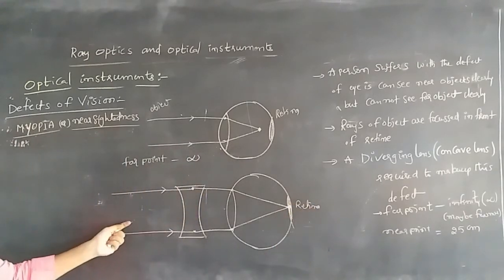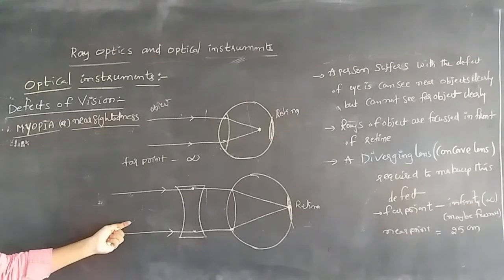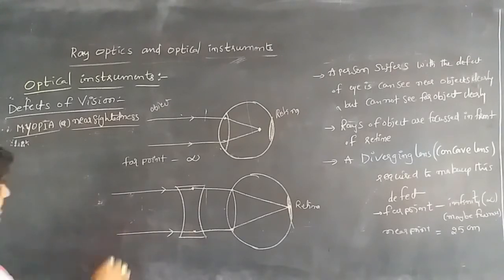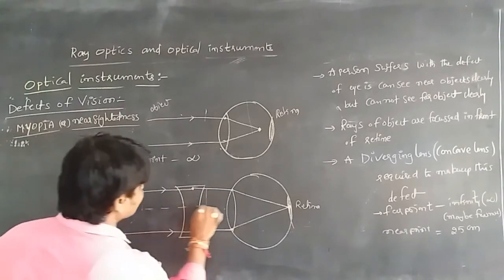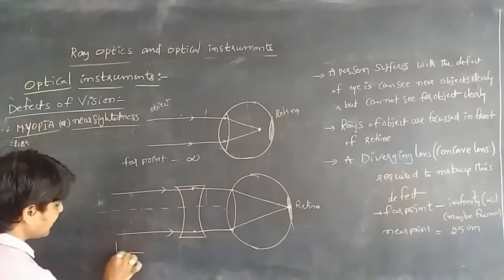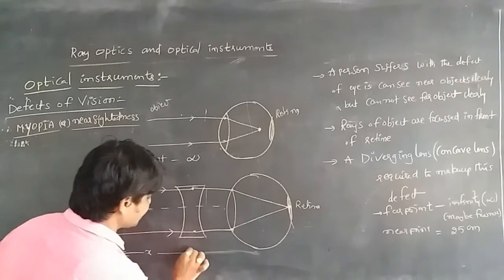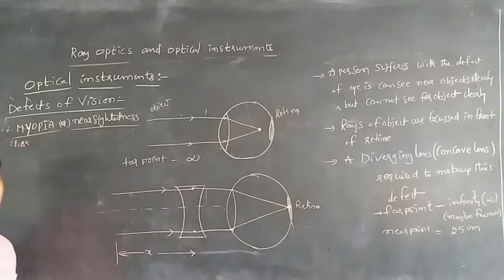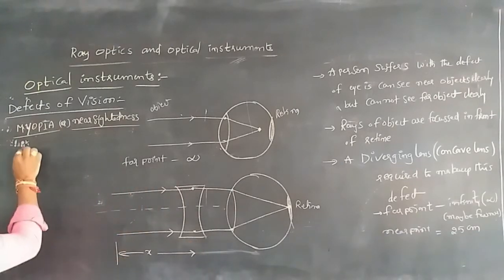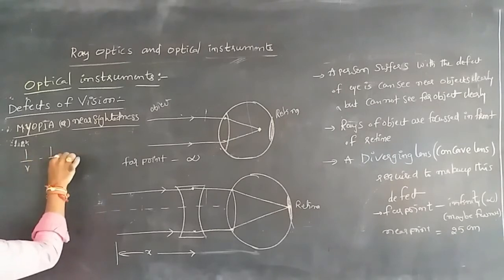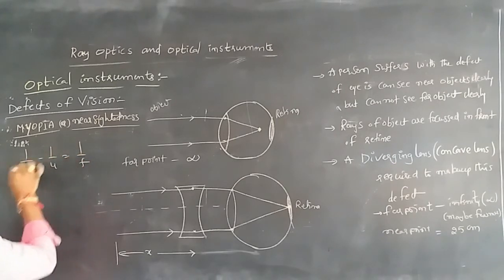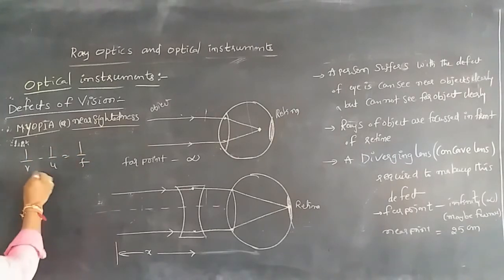Because of this we can measure the distance. This is the principal axis, and the image is at distance x from the lens. From this we write the lens formula, 1/v minus 1/u equals 1/f.